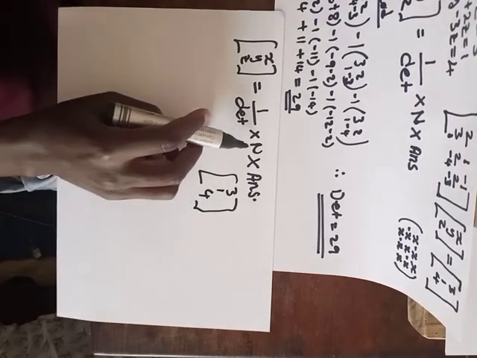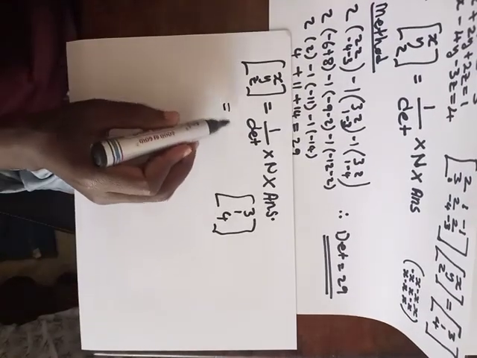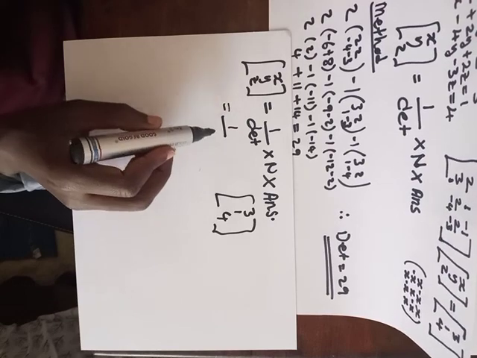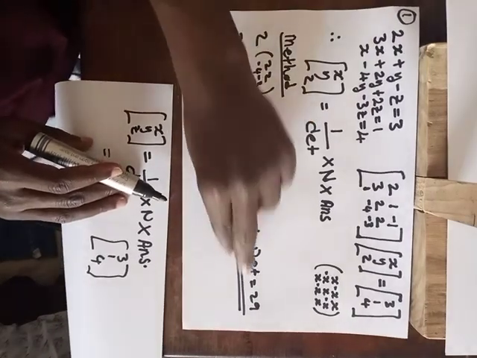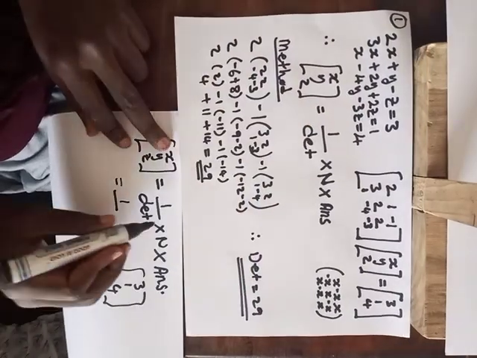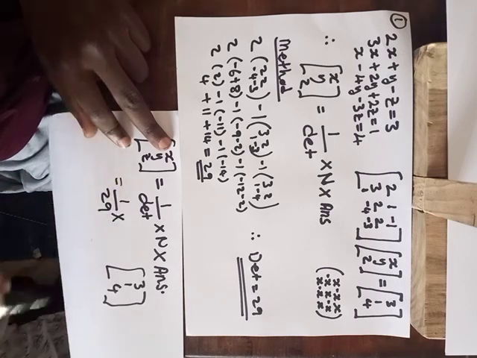Okay, then n, we know n. This is 1 over our determinant. Also we know our determinant from our working here. We have found that our determinant is 29. So here under the equation you write your 29 in that format, times our n matrix.